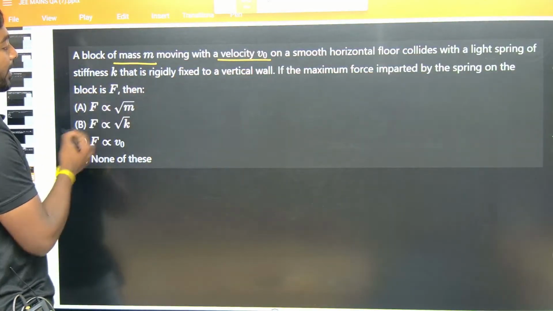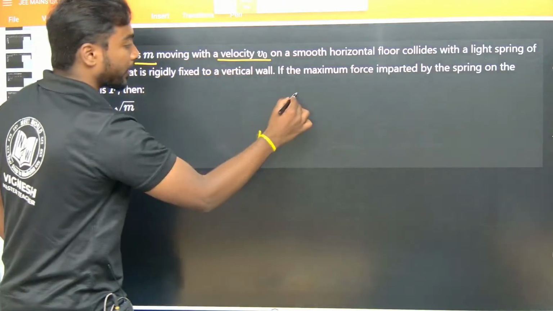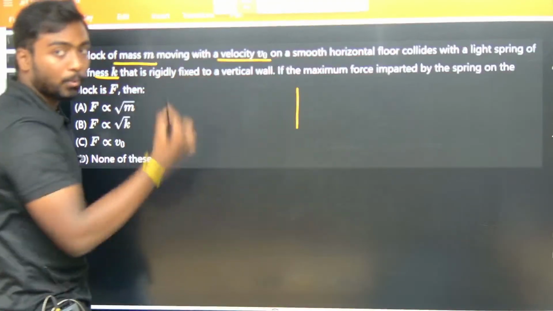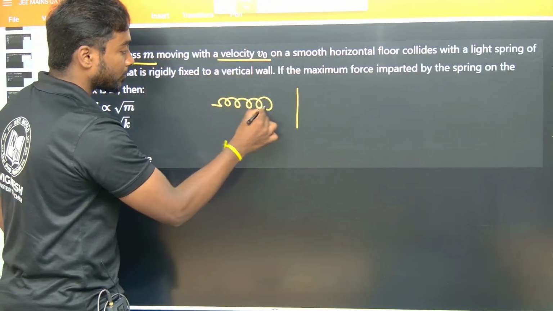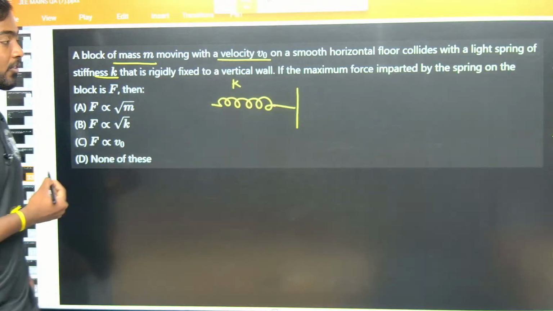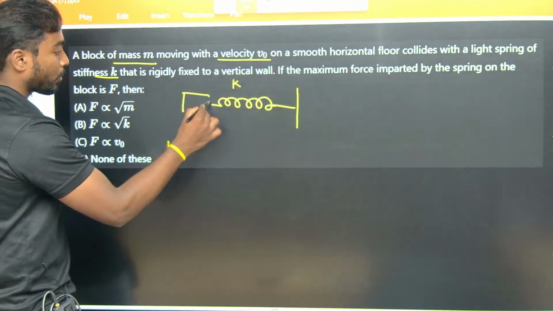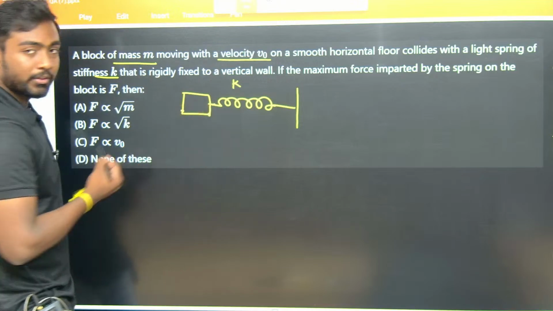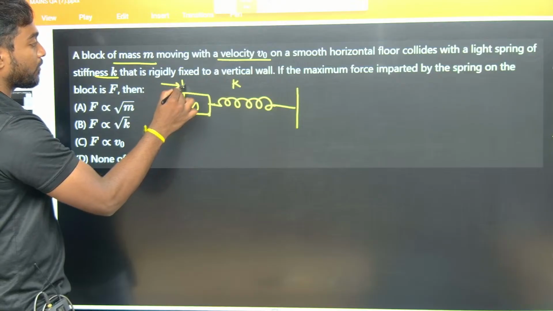The stiffness k they have given, which is rigidly fixed to the vertical wall. So there is a vertical wall over there and there is a spring having a spring constant k, and a block is going with velocity v naught.